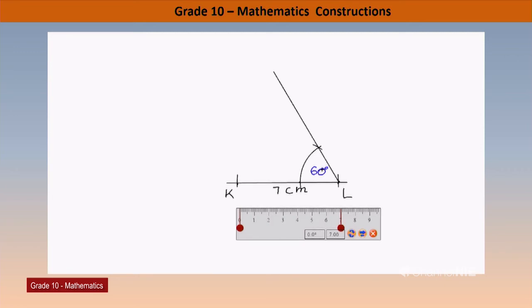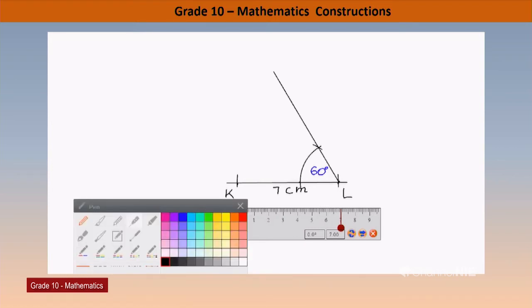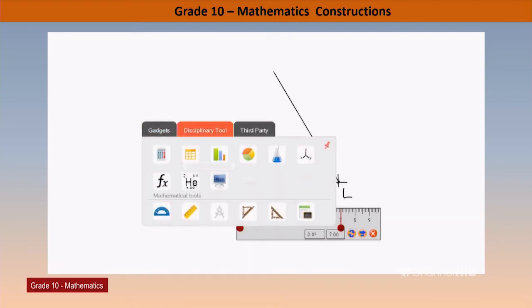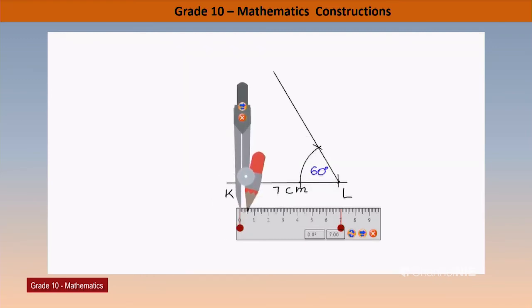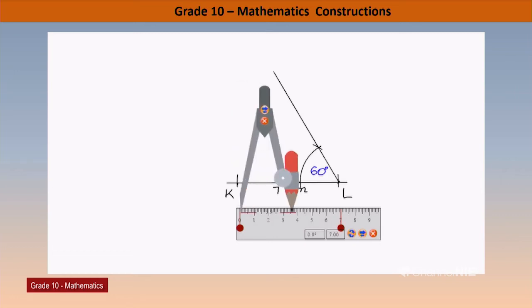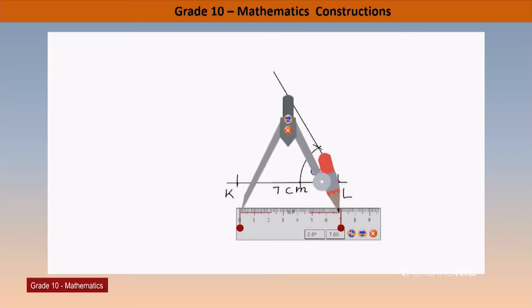Somewhere on that line KLM is 60. Somewhere on that line we have to mark M. So, let us measure 7 centimeter again.